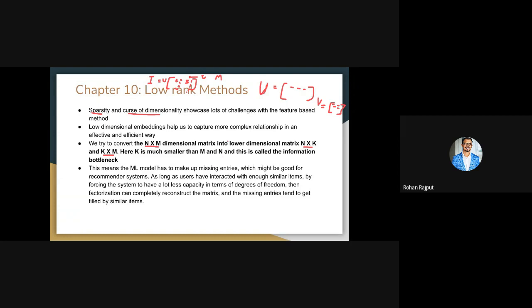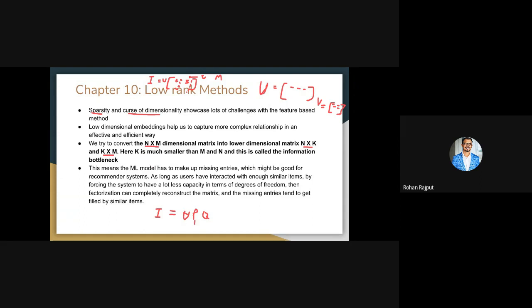What we are trying to do is break this interaction matrix I into two smaller matrices. U and V we already used, so let's say P and Q. These P and Q matrices will be much lower rank than the original matrix.